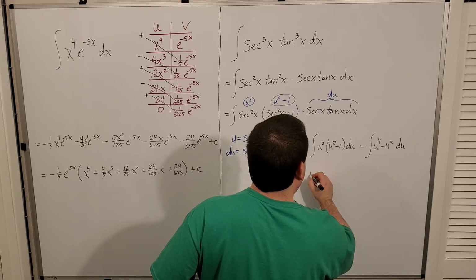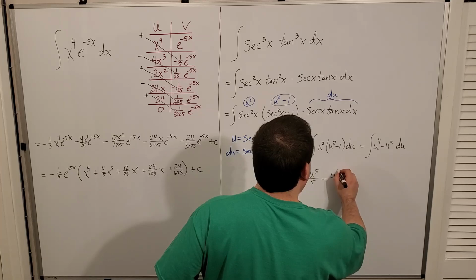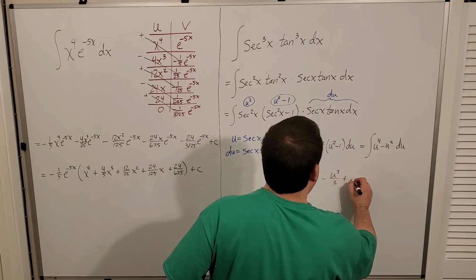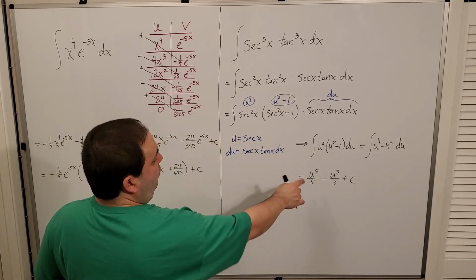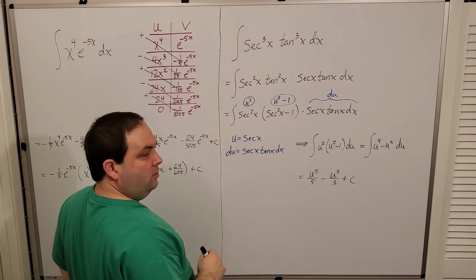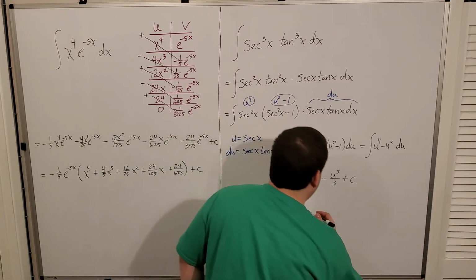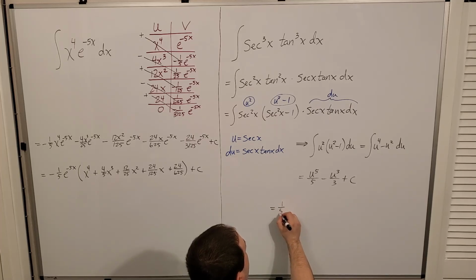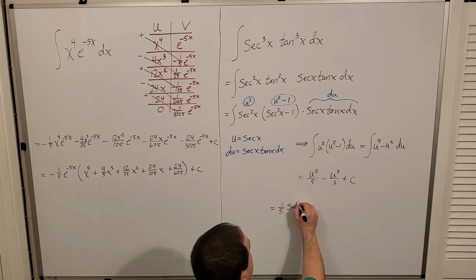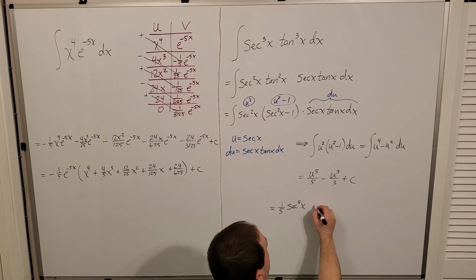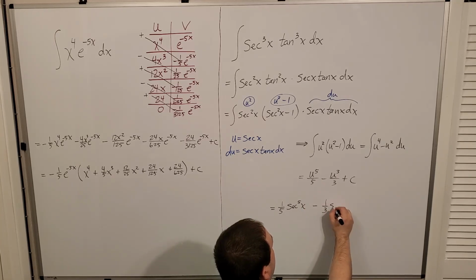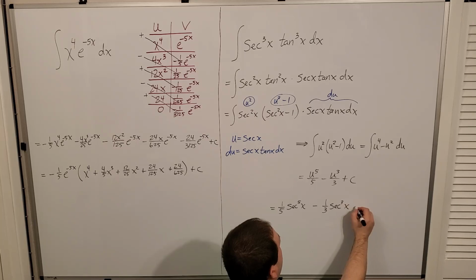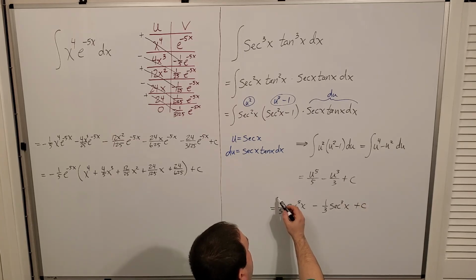So then I have u to the 5th over 5 minus u cubed over 3 plus c. And of course, we already know that u is still equal to secant of x. So then my final answer is 1/5 secant to the 5th of x minus 1/3 secant to the 3rd of x plus c.